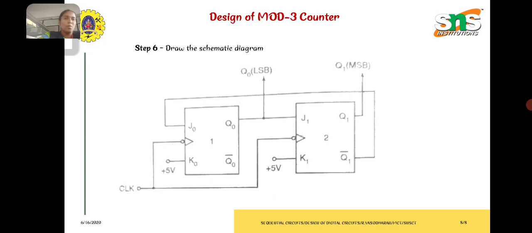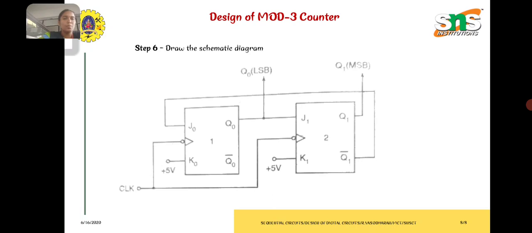This is about your mod 3 counter. So we are using two flip-flops. A flip-flop is nothing but a 1-bit storage device, and we are storing 2 bits. That's why we are using two flip-flops.